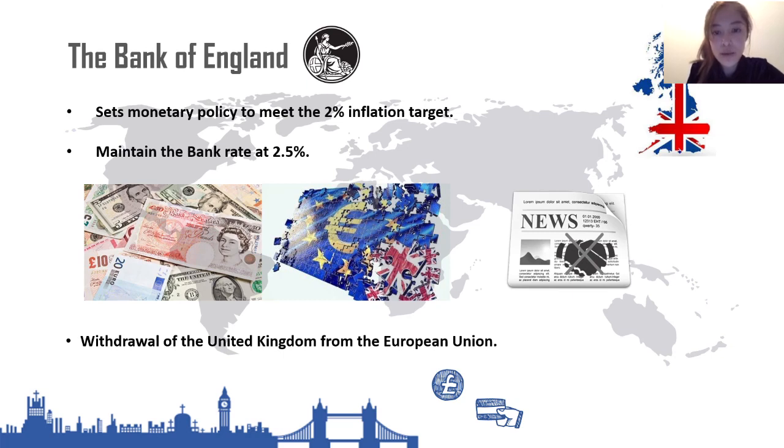The committee will continue to maintain the stock of sterling non-financial investment grade corporate bond purchases financed by the issuance of central bank reserves at £10 billion. The committee will also maintain the stock of government bond purchases financed by the issuance of central bank reserves at £435 billion.